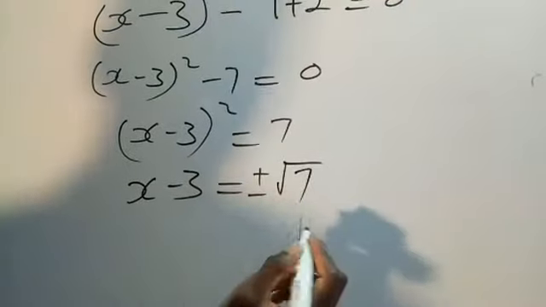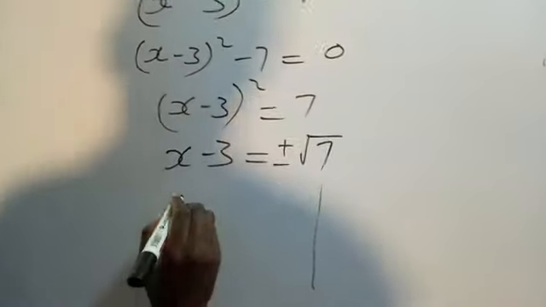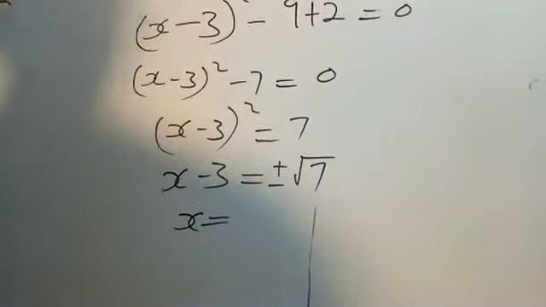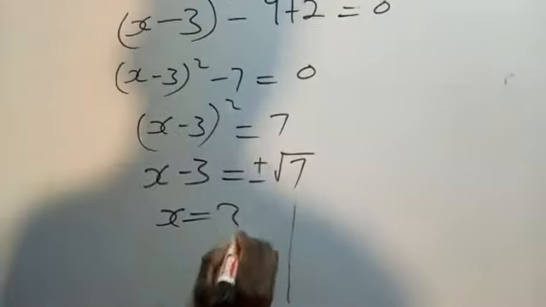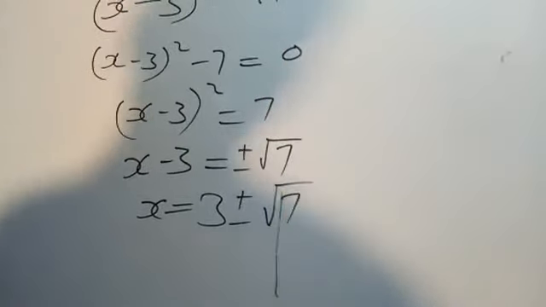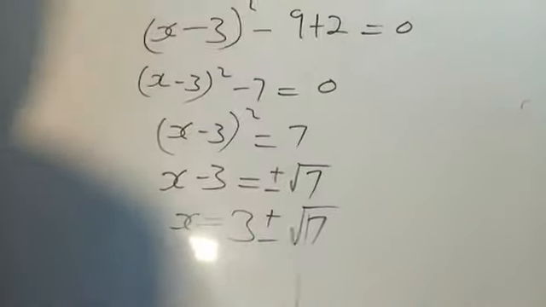Taking 3 to the other side and making x the subject, it becomes 3 plus or minus root 7, and we have answered our question.